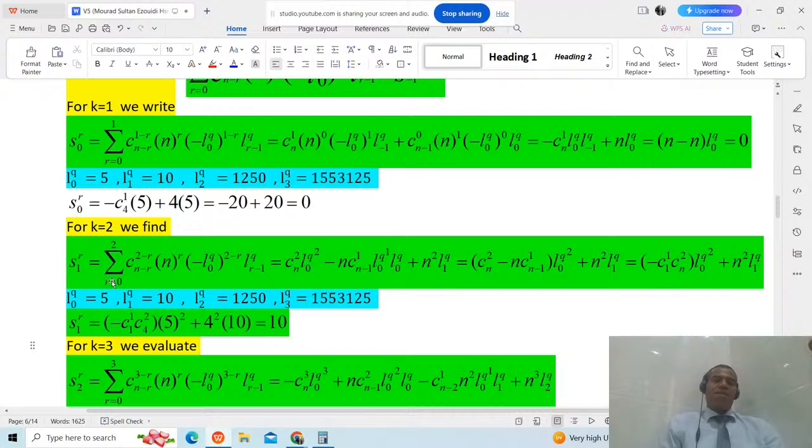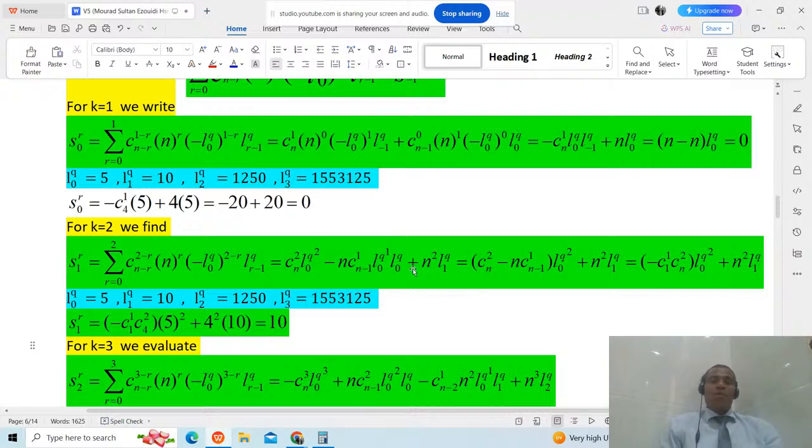So S1 is the sum from 0 to 2 of combination n minus r choose 2 minus r, raised to the power r, times negative L0 for the Q raised to 2 minus r, times L_(r minus 1) over the Q. This is the combination n choose 2 times L0 for the Q raised to the power 2, minus n, combination n minus 1 choose 1, and L0 for the Q raised to the power 1 times L1 for the Q, plus n squared L1. This formula for S1 is generalized for any polynomial to the power n, okay?